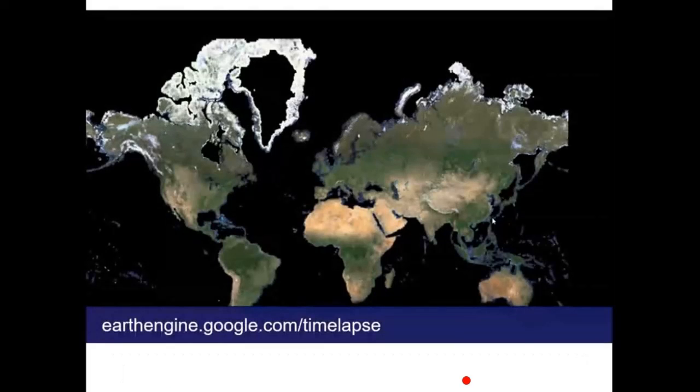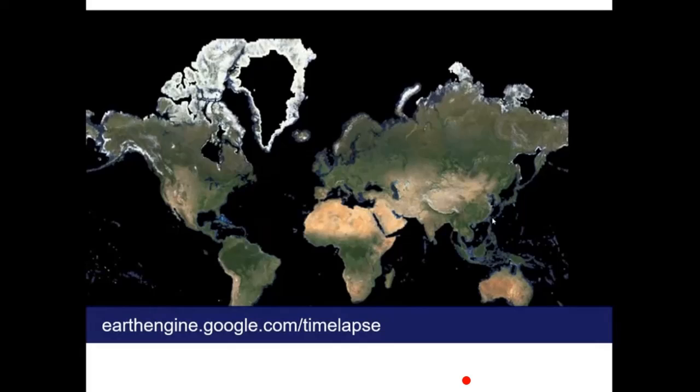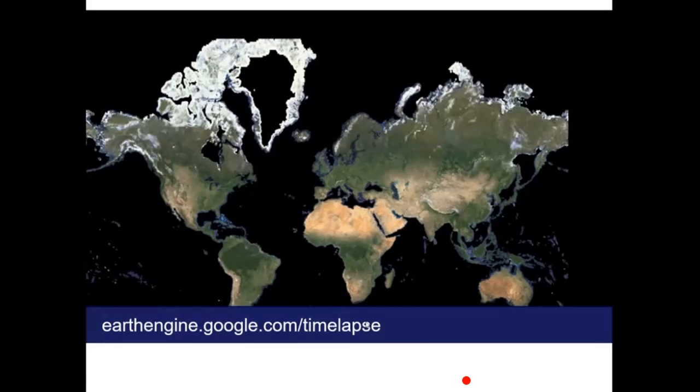One of the main attractive features is the time lapse. If you go to this particular link, you can see the time lapse. It is created using 40 years of Landsat images, and it shows how the landscape in any area of the globe has been changing over time. You can also create a time lapse using other data sets, but then you have to create it yourself.